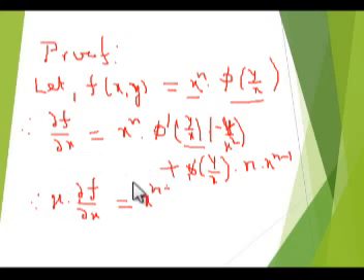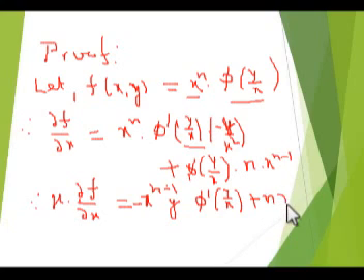When we multiply with x, it reduces to 1 by x, so overall we get x to the power n minus 1, with a minus sign, times y and the derivative of phi of y by x. And here you will get n x to the power n, multiplying with x, times phi of y by x.